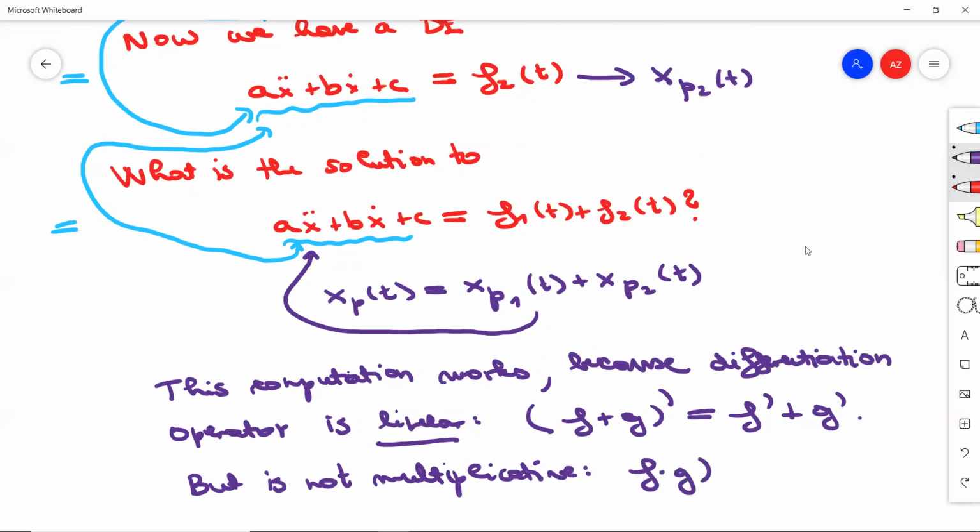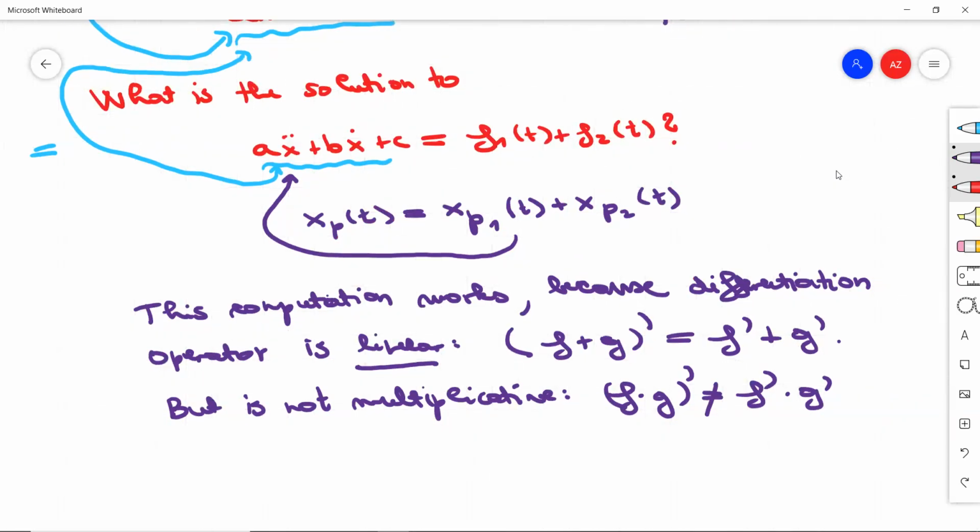F times G, and then differentiating, is not F prime times G prime. So this is not the case. In fact, using the product rule, it's F prime G plus F G prime.